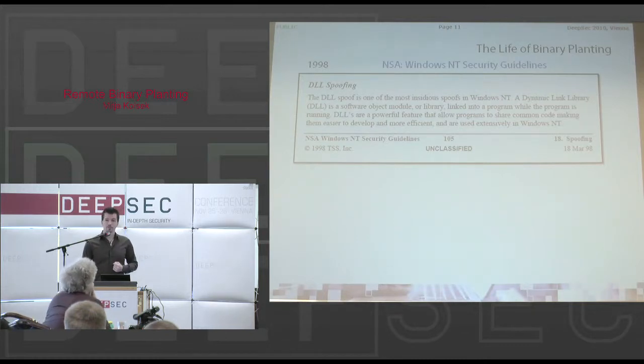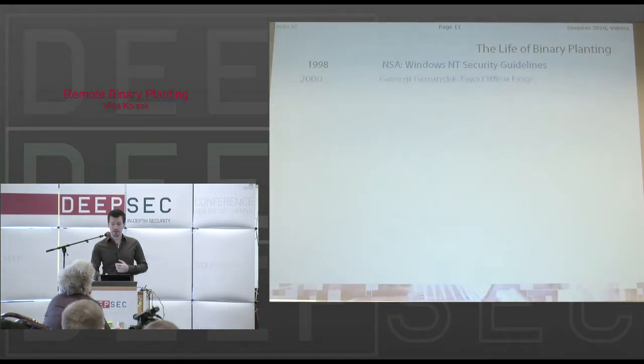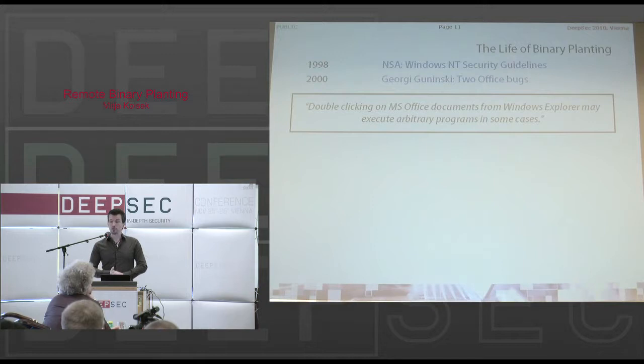To see what's going on here, let's go back to the beginning. 12 years ago, the National Security Agency published a paper called Windows Anti-Security Guidelines, which was probably one of the first sources to publicly mention this type of vulnerability. It was called DLL spoofing then, never mind that. In 2000, Georgi Guninsky, we know about him, right? Everyone's heard about Georgi Guninsky.